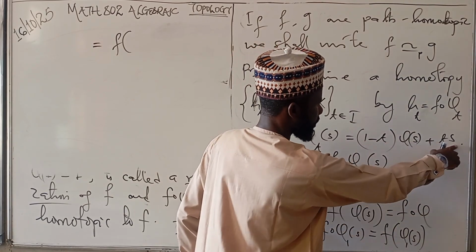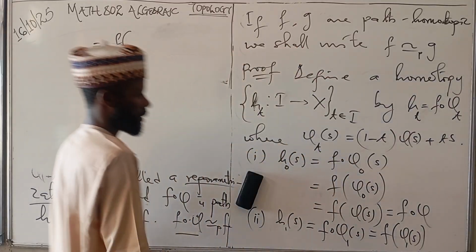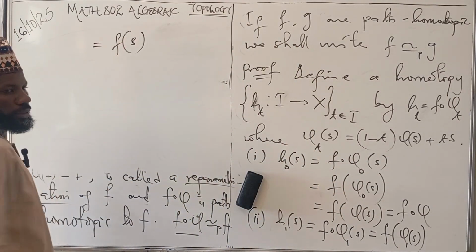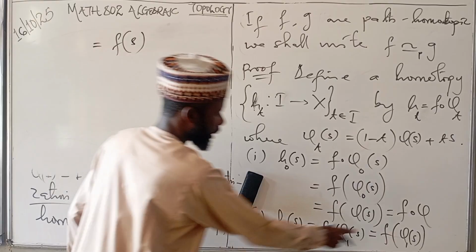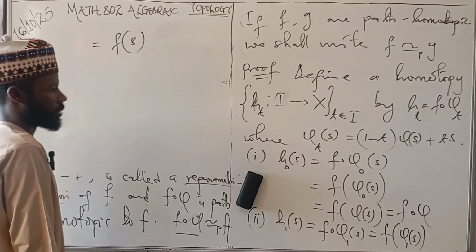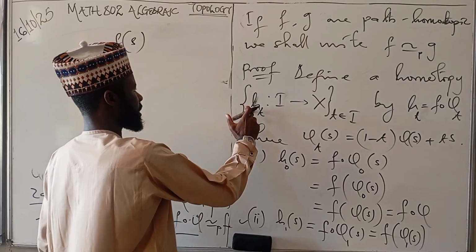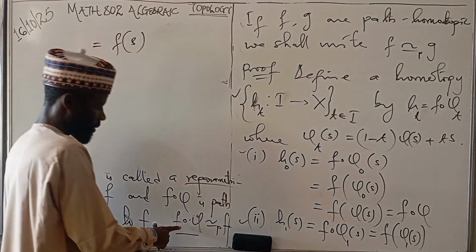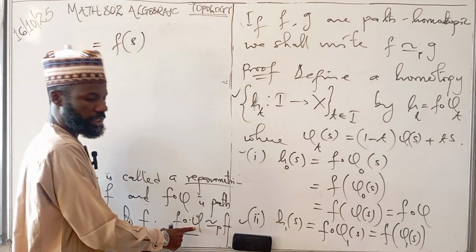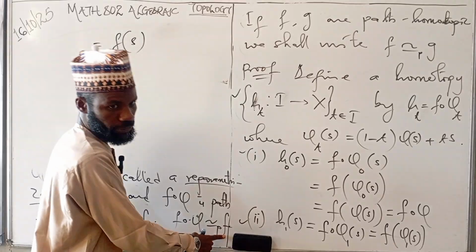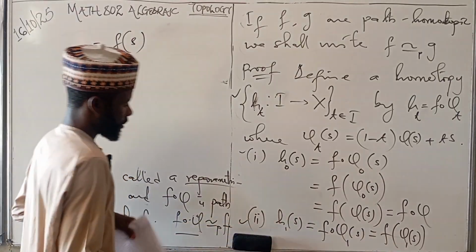So this is 0, t is 1 times S. Is that okay? So that is F of S, which means H1 is F. I hope it's okay. So with these two, we have that this is a homotopy from F composite phi to F. So we have a homotopy.